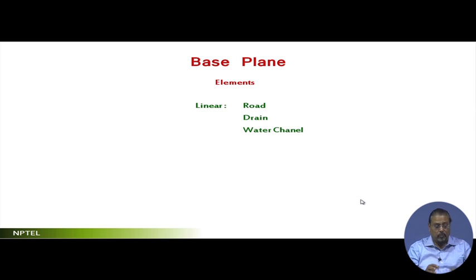Very correct. Now, let us look at this in elemental form. In landscape, what is the base plane? If you go outdoors, it is the grass lawn. What do you have as a vertical plane? A fence. What do you have as an overhead plane? Maybe a pergola.